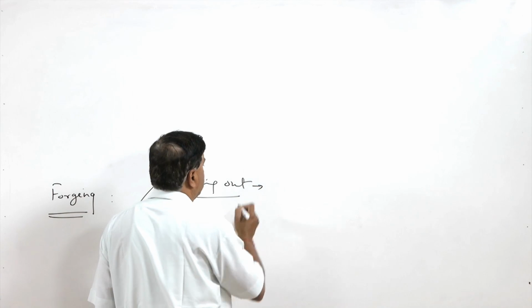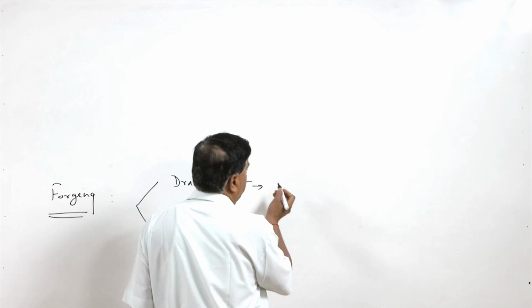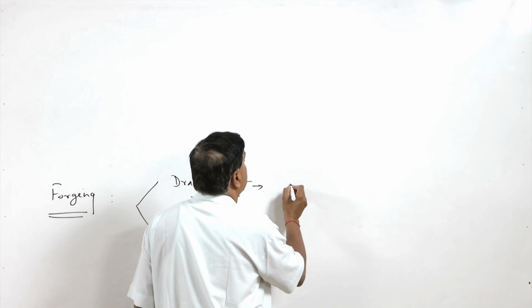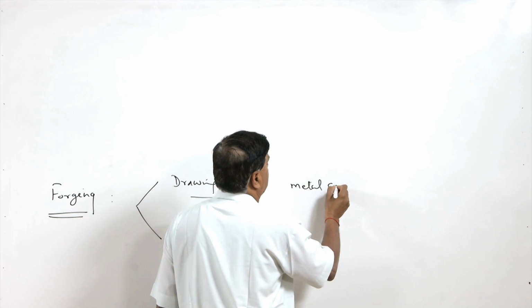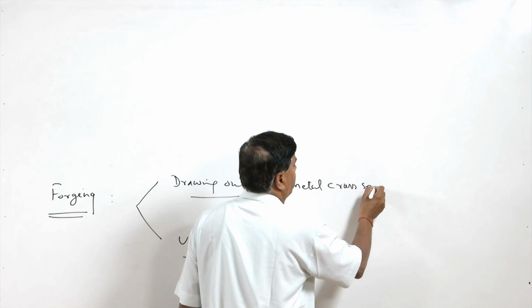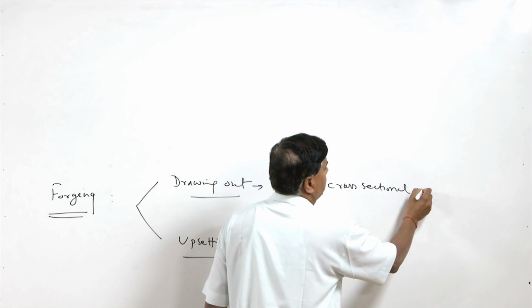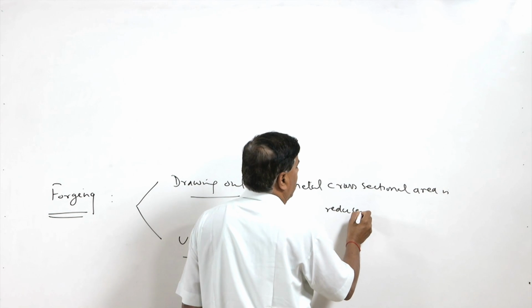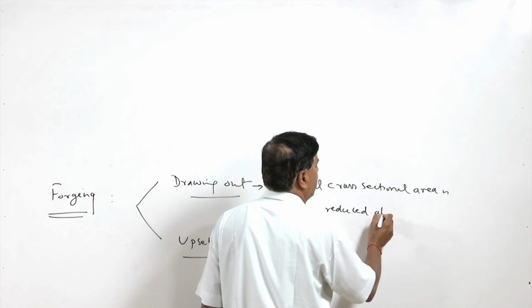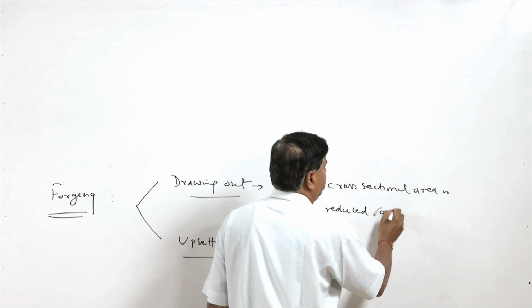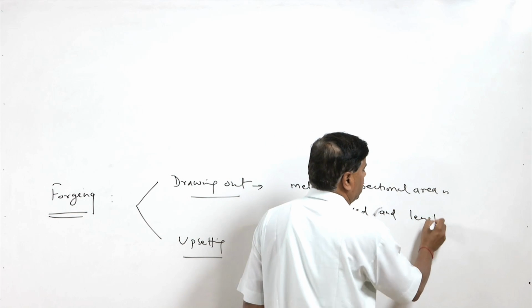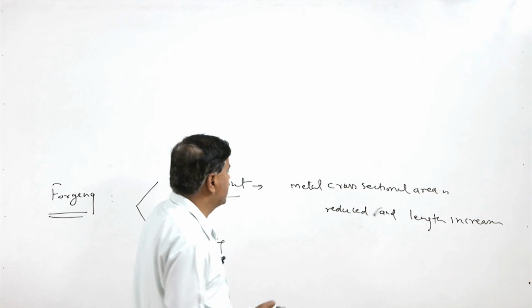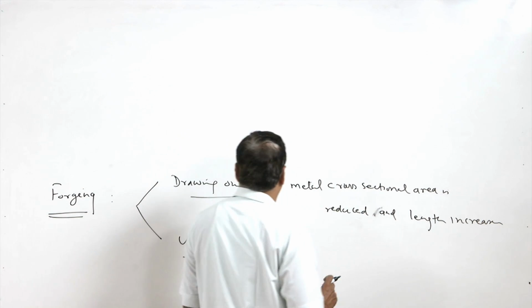In the drawing out process of forging, basically the metal's cross sectional area is reduced and the length increases. So, basically the job elongates during the drawing process.